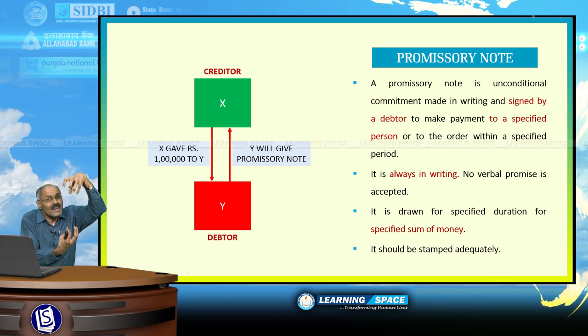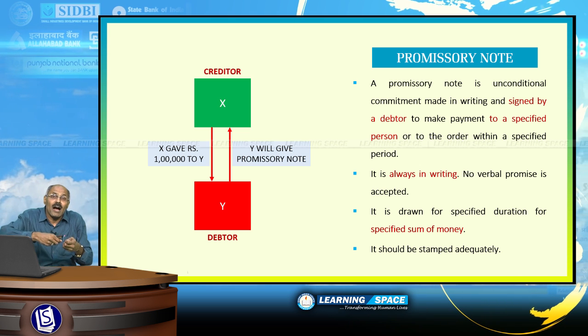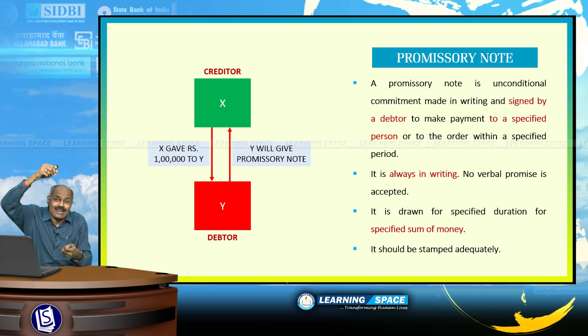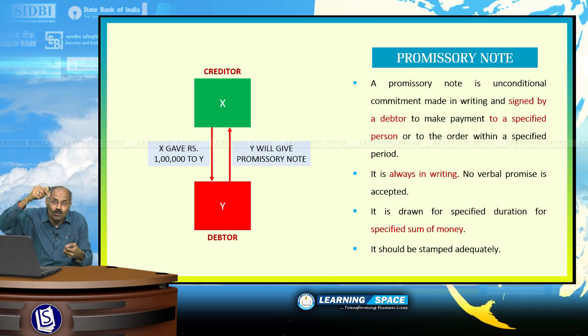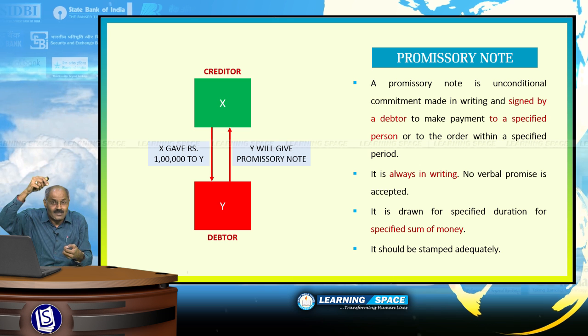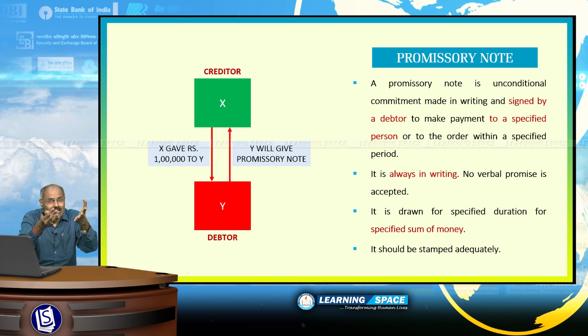X gave rupees 1 lakh to Y. In return, Y will give promissory note to X. Right? So, this is simple to understand, this illustration.